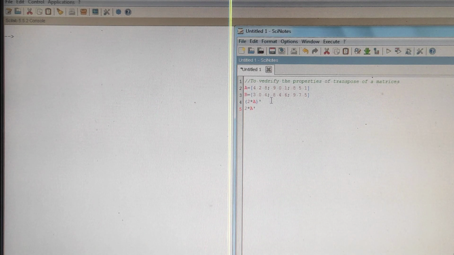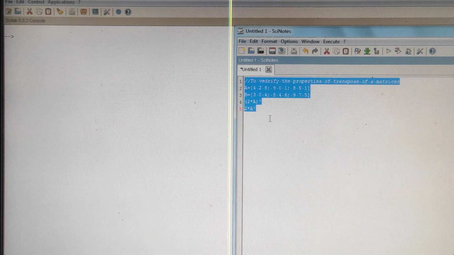So 2A whole transpose must be equal to 2 into A transpose. This is the last property.